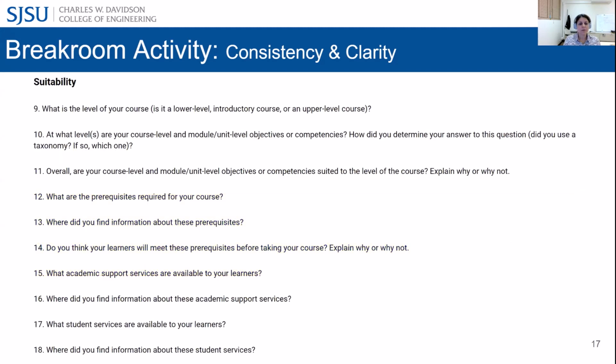And then for suitability, as I said, it is a very important thing. So you want to look at it or answer a lot of questions about that. Maybe it's a big list, but you can just use some of them. What is the level of the course? So upper level, lower level, graduate, undergraduate. And then at what level are your course objectives or competencies?